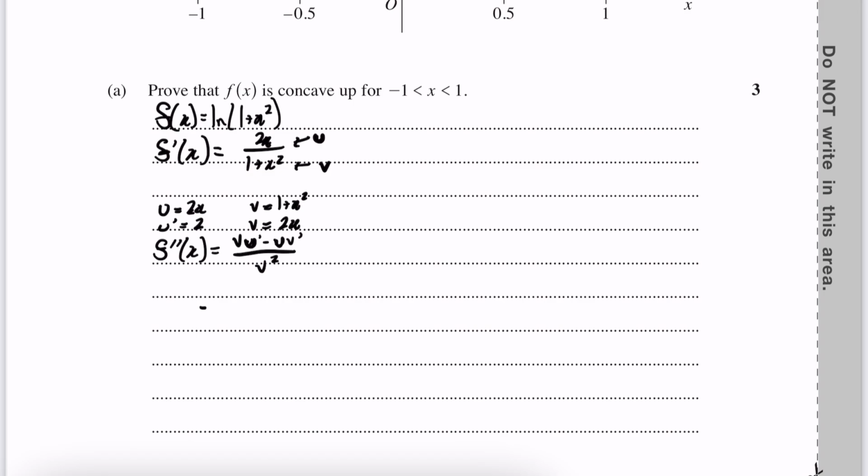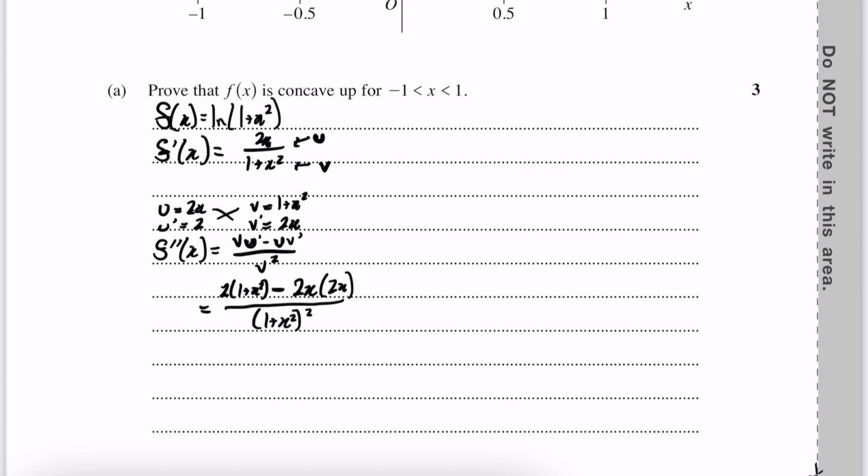And so that's just equal to, if we follow our VUV rule, v u dash would be 2 outside of 1 plus x squared, minus 2x times 2x, all over v squared, which is 1 plus x squared, all squared.